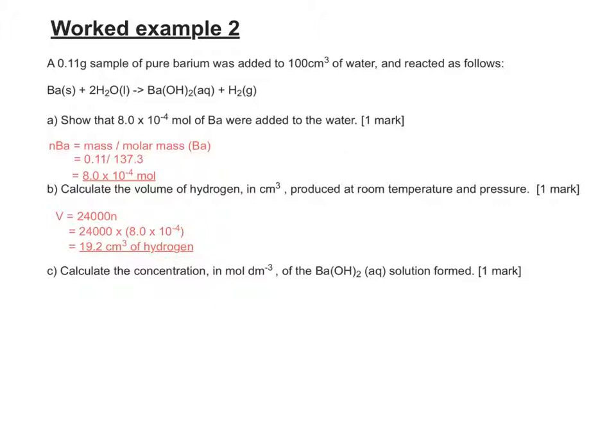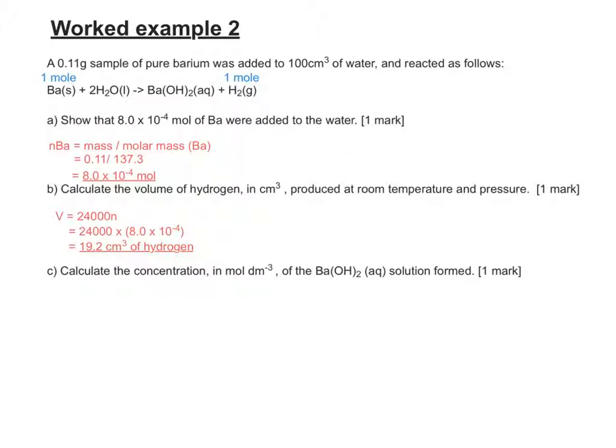So what I did is I used, like I said, volume equals 24,000 n, and I got n from the equation. So it's data, moles, equation, moles, answer. The equation tells me that there is 1 mole of hydrogen gas for every mole of barium, which for your convenience I've just popped up above the equation.